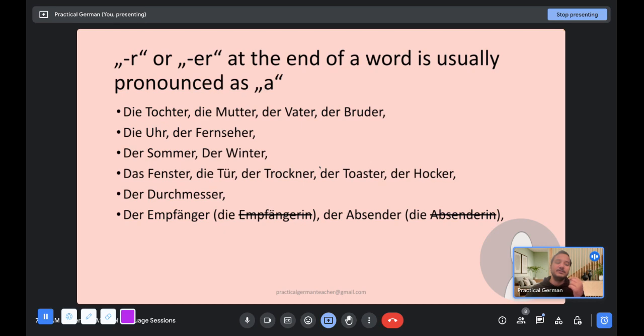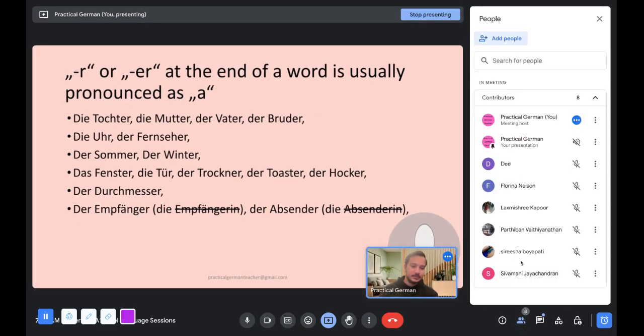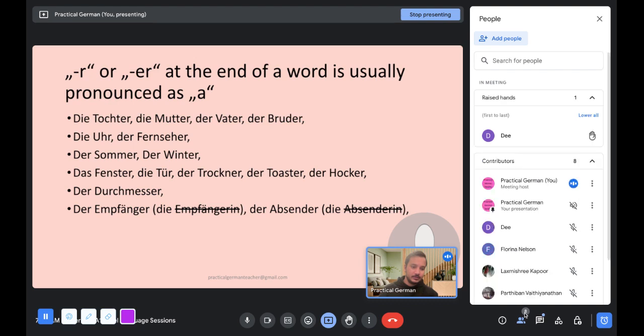Whenever you have words which end with the German letter R, in your head you replace the R, or "er", with an a sound. Not on paper, in your head you replace it with a. So let's see if someone else wants to read. Please raise your hand.